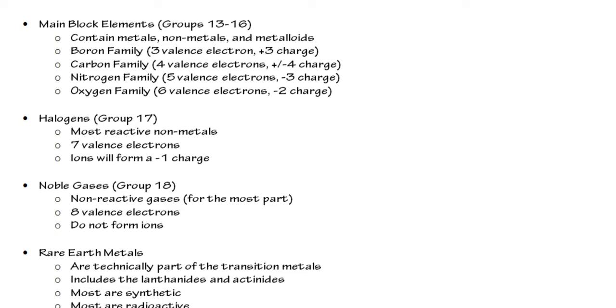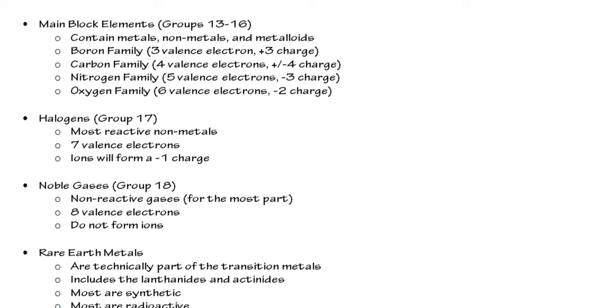It's like a match made in heaven. Group 1 elements would like to lose an electron. Group 17 would like to gain an electron. So you've got the most reactive metals bonding with the most reactive nonmetals to form very stable compounds.